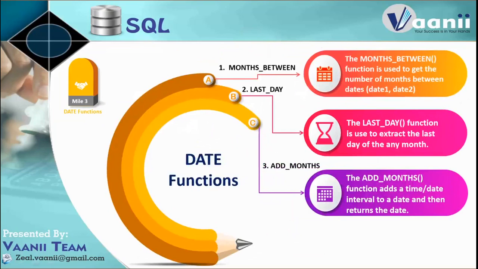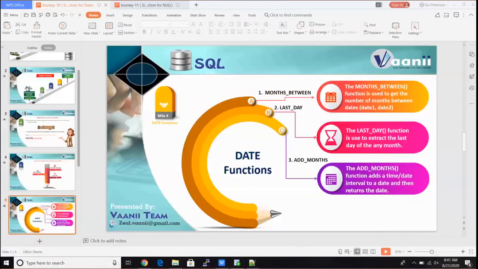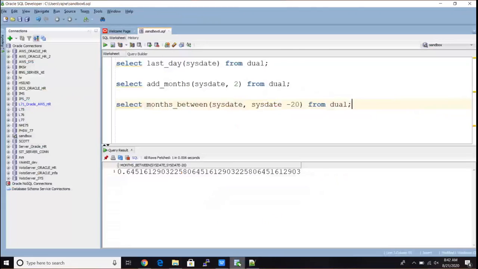So this is how we use all the date functions and their utilities. Now let me show you a few examples of how it looks when we go to the database. Though I have not explained the syntax for all the date functions, I just want to walk you through. Suppose I'm going to use last day on this date.